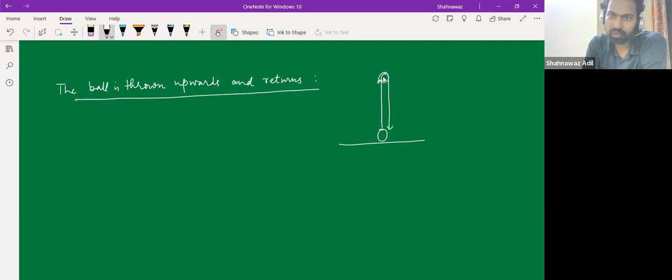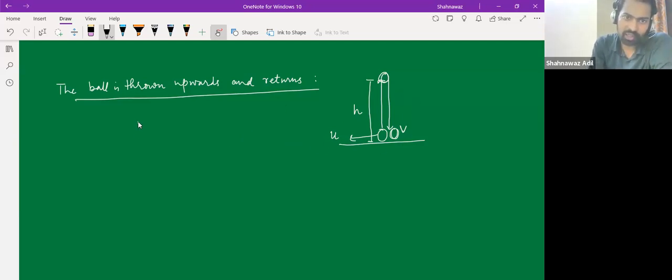So this is the height, and this has some initial velocity u. And then it has some final velocity with which it strikes the ground. So let's say this is v. And let's say that it takes t time to reach here. So you guys see that it will take the same time to fall back, right? So let's write all these scenarios.